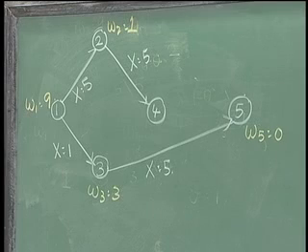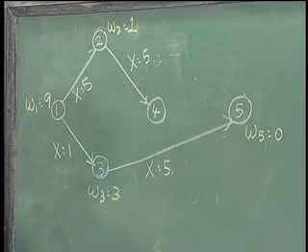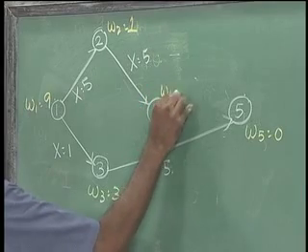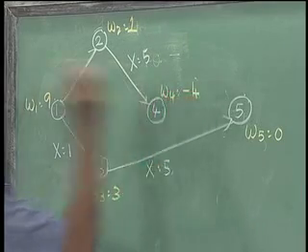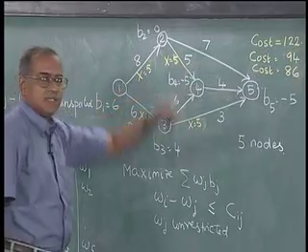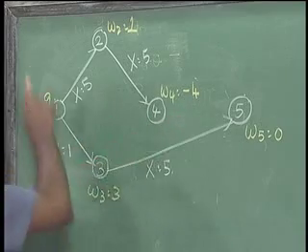And to compute W4, W2 minus W4 is equal to 5. So, W4 is minus 4. So, this way we have calculated all the dual variables.